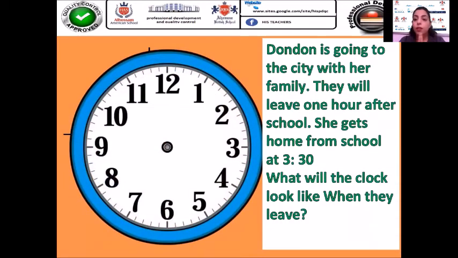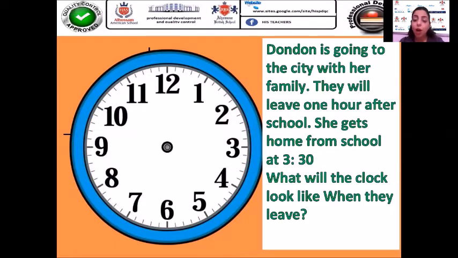I want Ahmed Abu Bakr to answer this problem. Solve this problem, please. Dona is going to the city with her family. They will leave 1 hour after school. She gets home from school at 3:30. What will the clock look like when they leave? So I have to understand first.